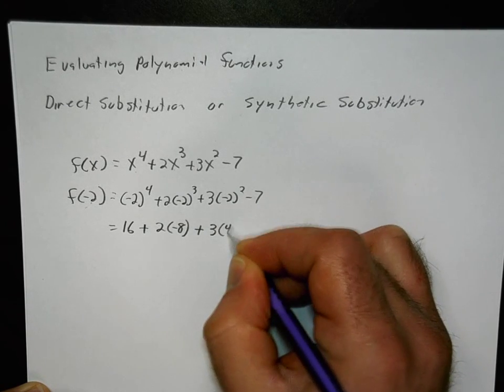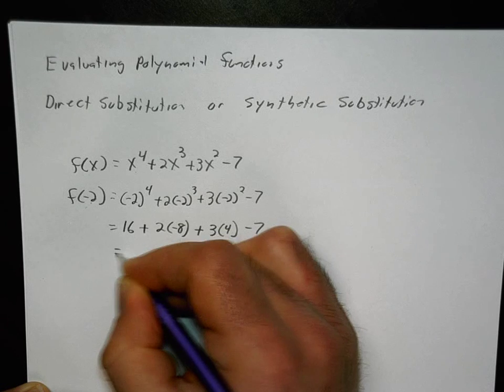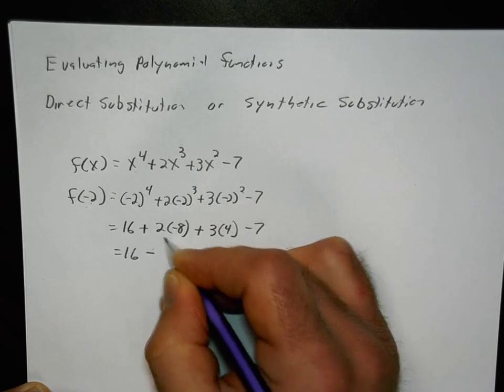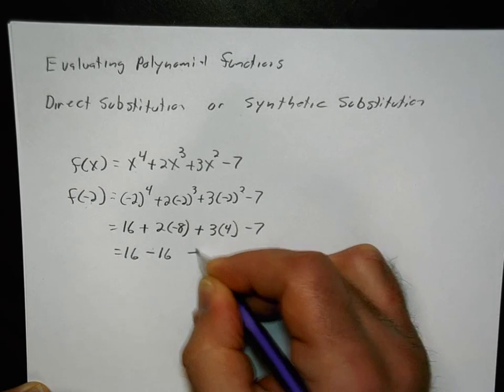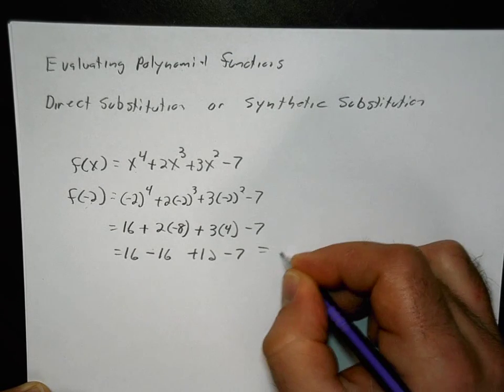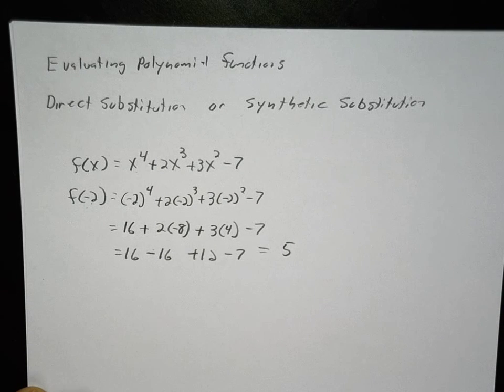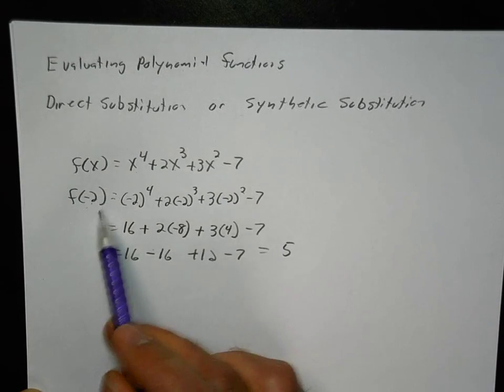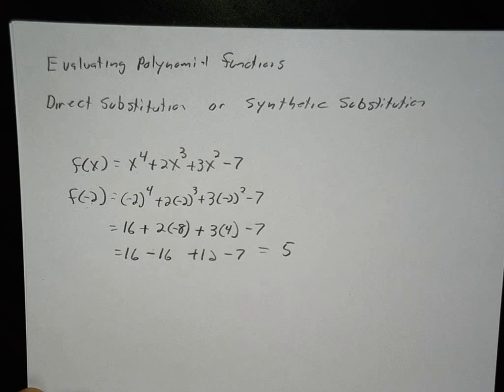This will be 4. So then we got 16. This is going to be -16 plus 12 minus 7. So that's going to be 0. So it gives me 5. So f of negative 2, when I plug negative 2 in there, I get 5.